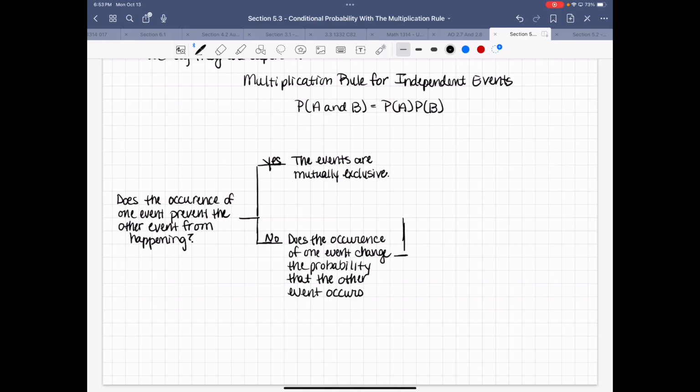If we say yes, then the events are neither exclusive nor independent.